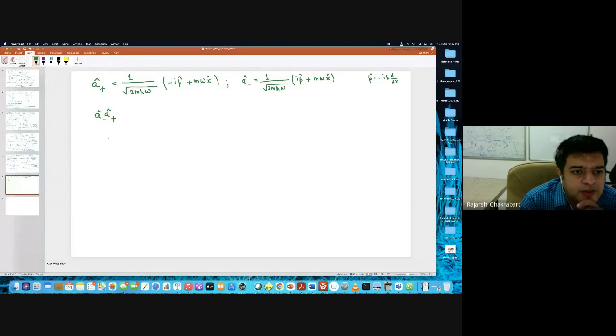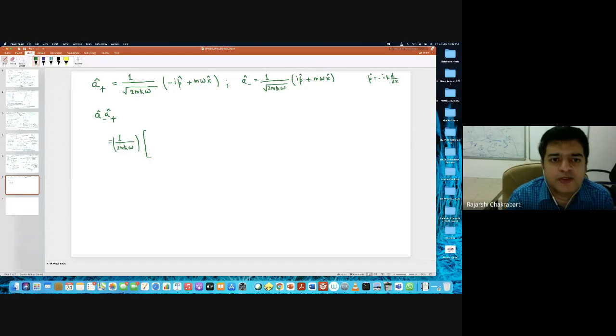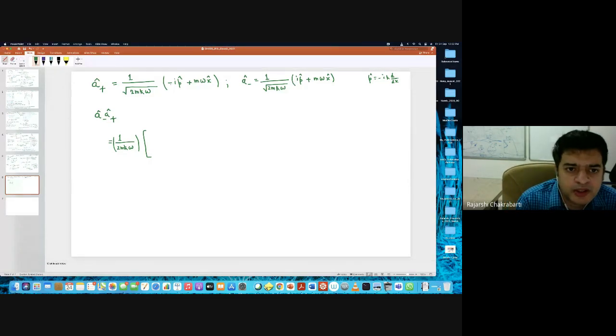If I calculate this, what is this going to be? This is a constant. They will combine. This will give you twice m h cross omega. What is going to happen? This into this. First term will be i square is minus 1 and then minus 1 here.